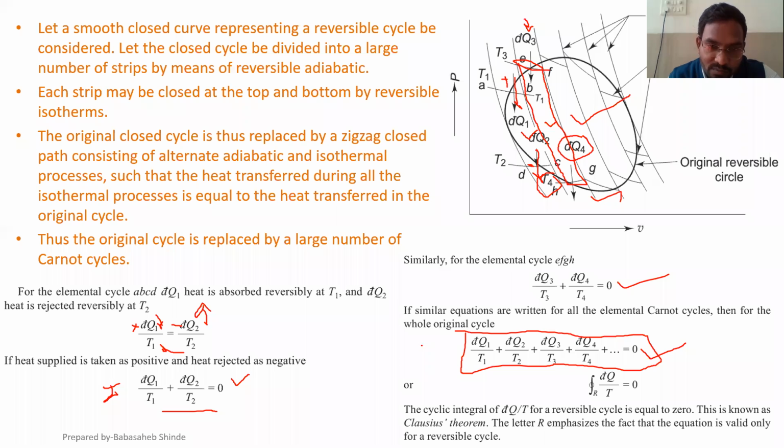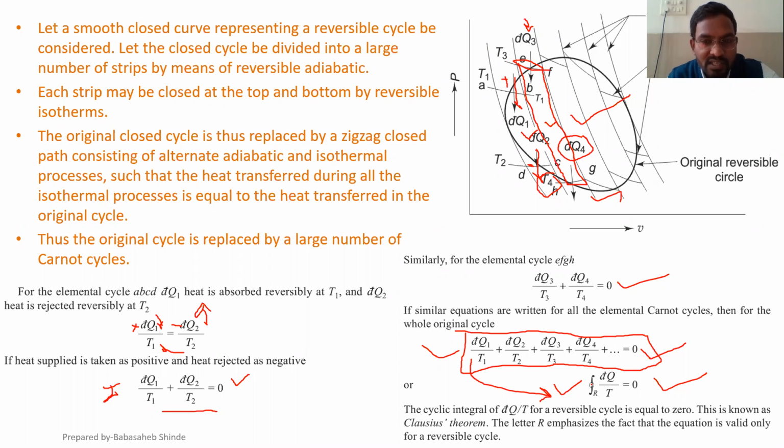Instead of writing stage 1 plus stage 2 plus stage 3 plus stage 4 and so on equal to 0, I can write it as the cyclic integral of dq by T is equal to 0. I have simplified this.